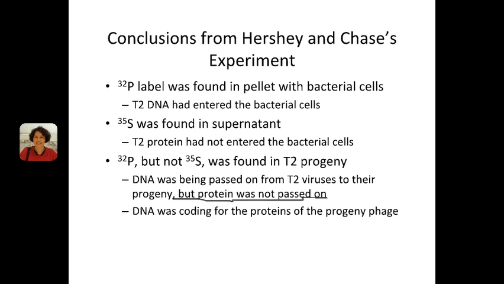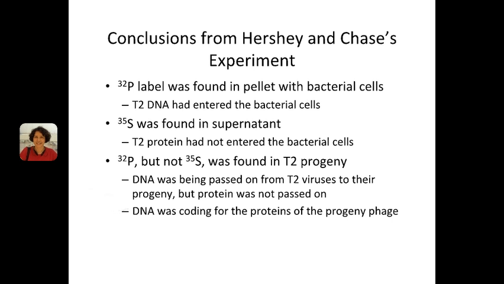The other thing that they could conclude was that the DNA had coding capacity. Why? Well, only DNA had entered the bacterial cells, but complete variants were coming out that have both DNA and protein.